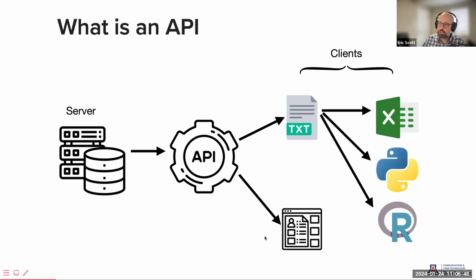And the client, in this case, it could be a website, a nice user-facing website that has a nice interface with buttons you can click and a search bar and all that. And behind the scenes, that website is using the API to actually get the data and populate the views that you're seeing. Or it could be something like R or a Python script or even Excel or something like that. And it's getting that data from the API in some sort of text format. And then it's kind of up to us to get it into a useful format.